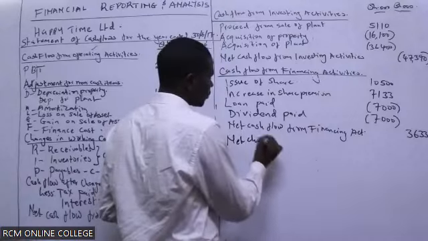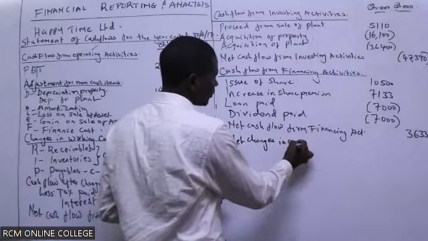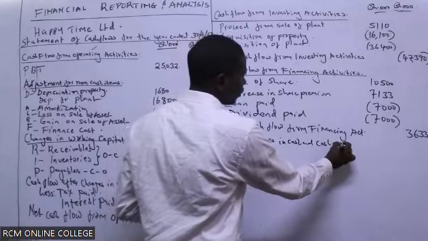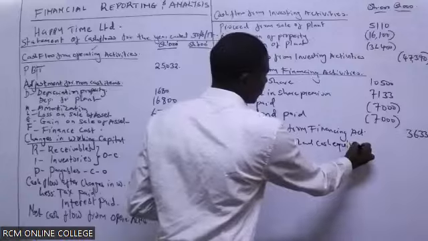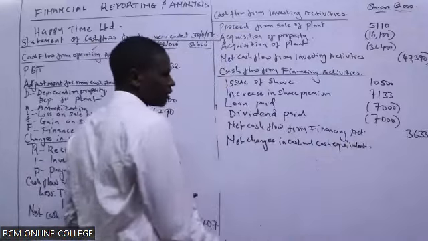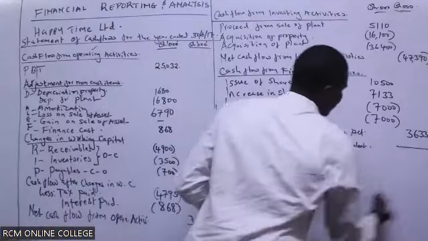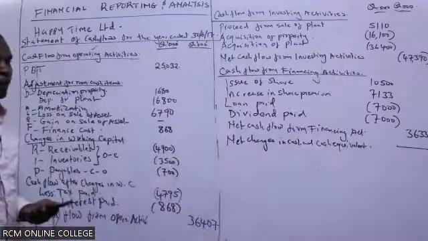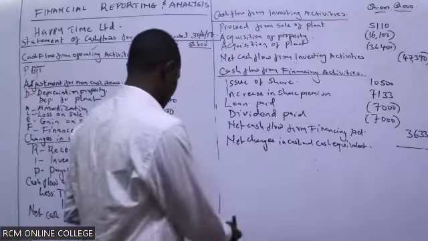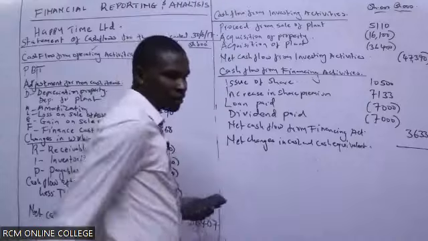Hey, the question was nice, in cash and cash equivalent. So here, class, you bring that and that. You get the net changes here. Okay, put it there. What net changes? This one, that. What do you get?